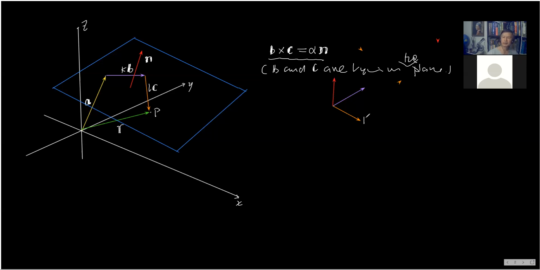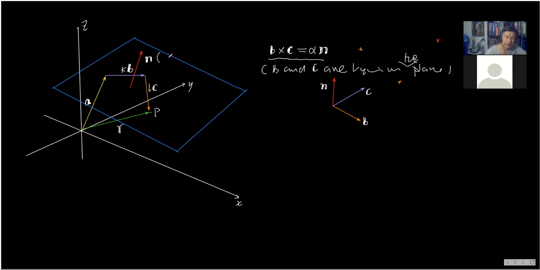So this is B, and this is C. This will be our n. Therefore, we can argue that if you use A, B, C to represent the notation, we need to work out these components.